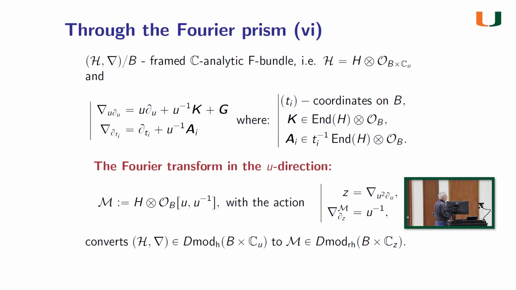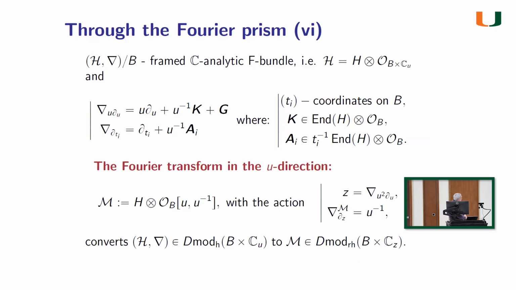And Fourier transform is a D-module where the module is just H tensor Laurent polynomials in U, with the action of Z and dZ given by the connection acting with U squared dU or U inverse.